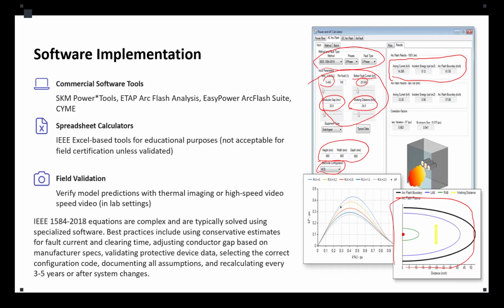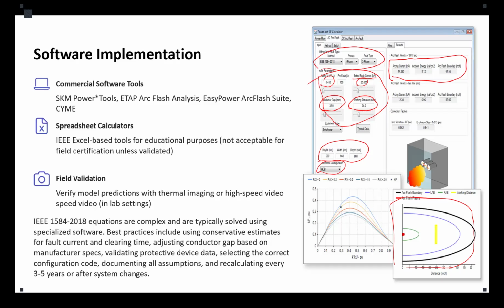There might be errors between the specification and the real dimension values. You have to ensure the electrode configuration matches the actual geometry, so check that. It's very important. And you have to recalculate arc flash risk every 3 to 5 years.